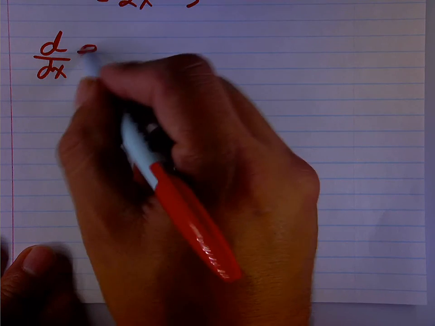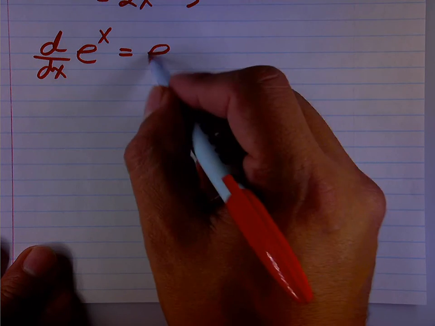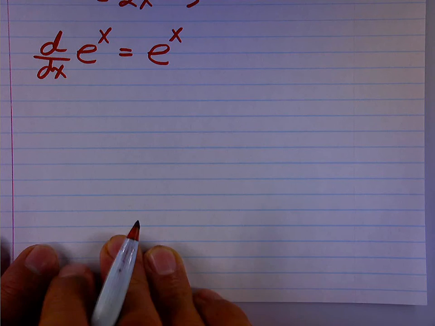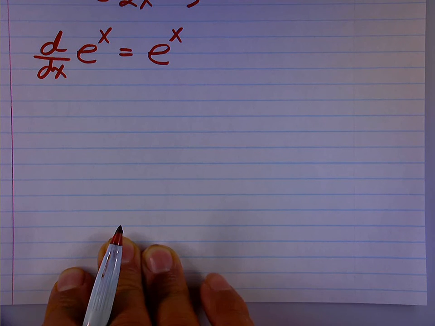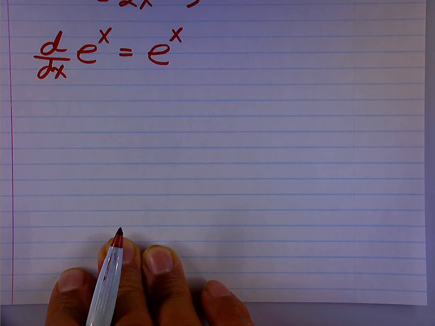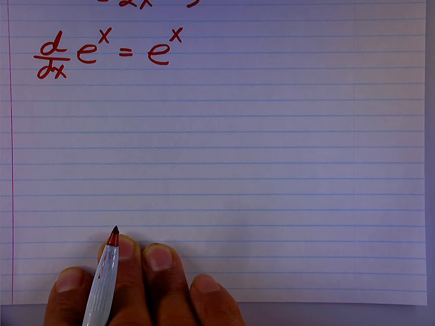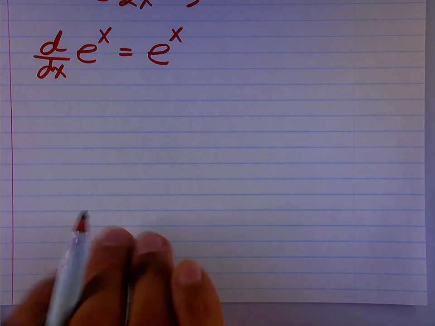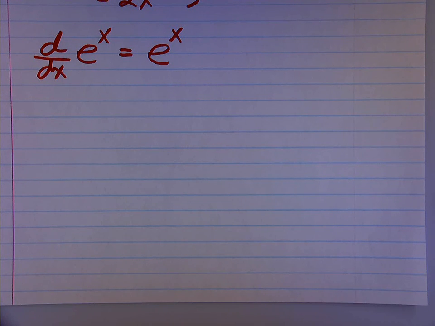The derivative of the function e to the x is the function e to the x. Everyone happy so far? Okay.